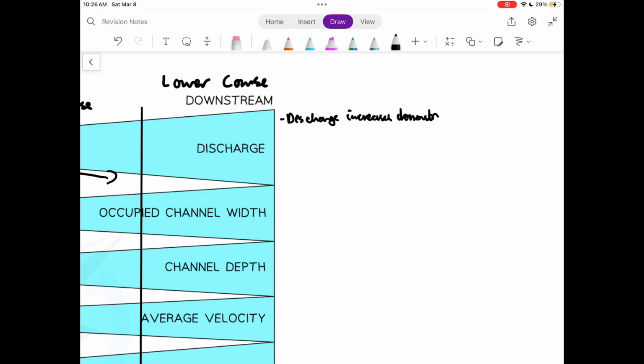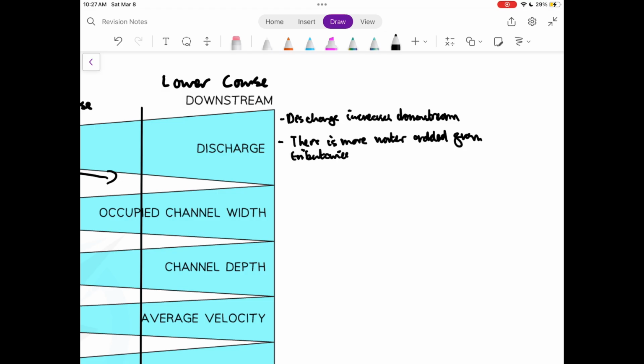And you also need to know not just definitions, but the explanations for why it happens. So for discharge, it's because there is more water being added from tributaries. More water from tributaries, okay.